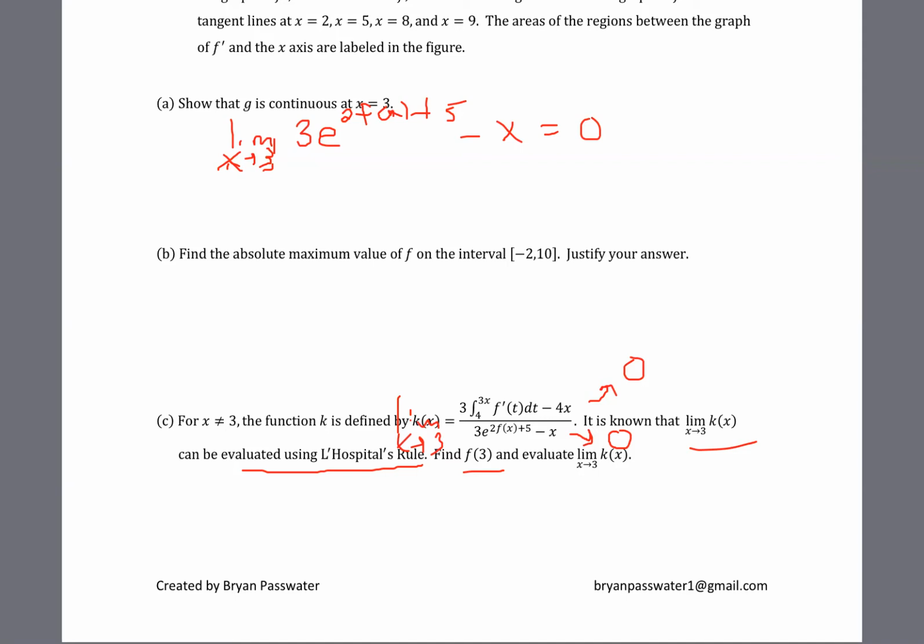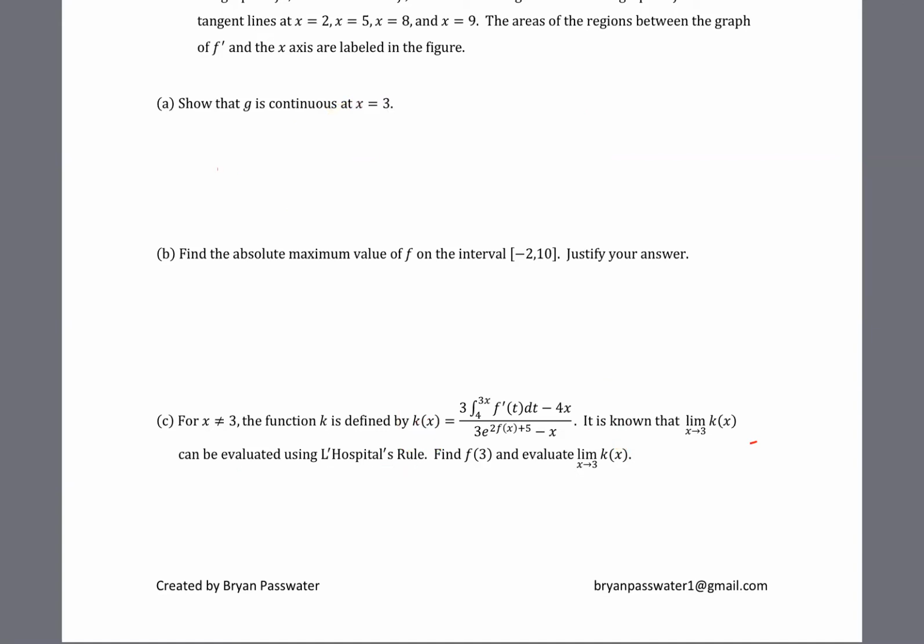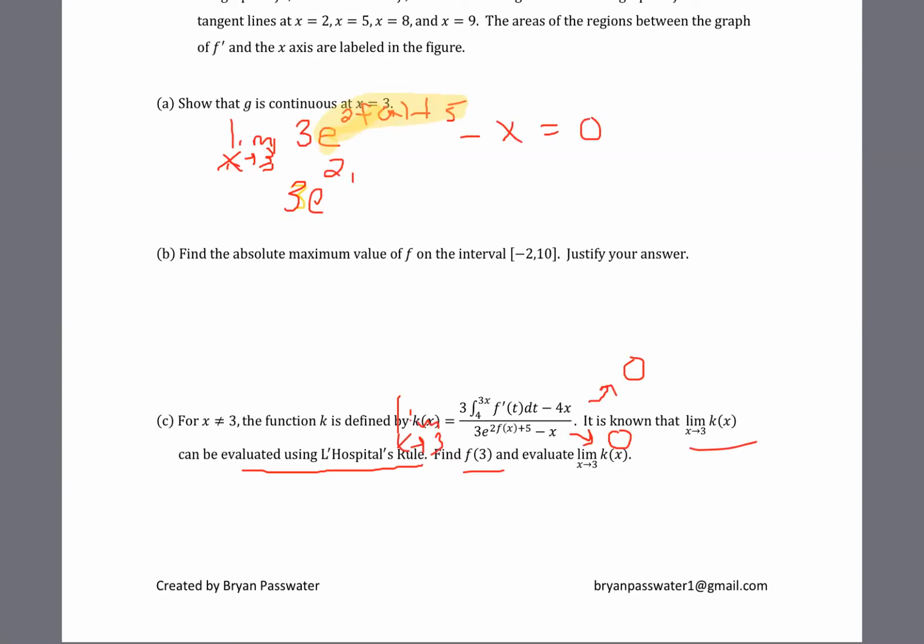This part here has to have a value of 1, because when we plug in 3, which is what we're supposed to do with the limit, when I plug in 3, that also has to equal 0.